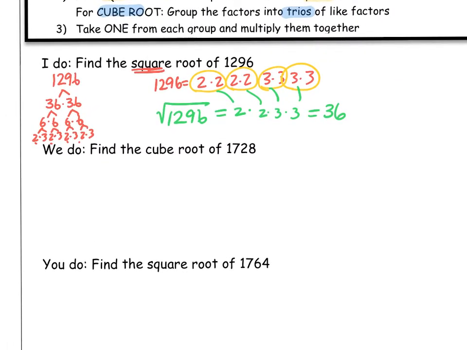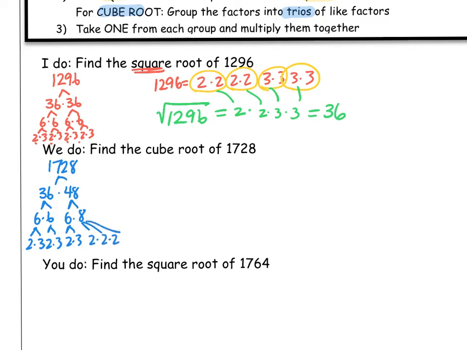Cube roots. If I want the cube root of 1728, if we look at the factor tree for 1728, again, I want to speed this up a little bit, this is 36 times 48, which is 6 times 6, and 6 times 8, 2 times 3, 2 times 3, 2 times 3, 2 times 2 times 2.